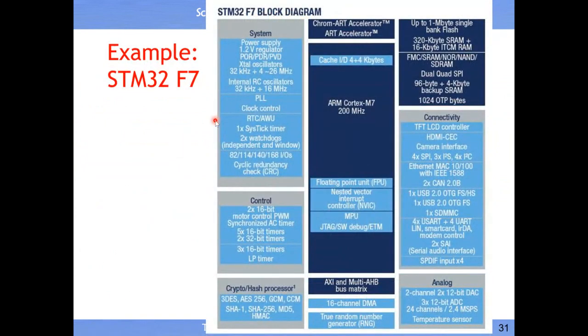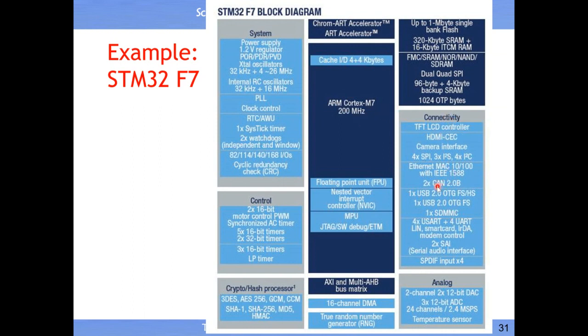And here is an example of a development platform for you to use, the STM32 F7, which you can purchase from the market. When you see a name like this, basically it's a product which you can identify. You see the ARM Cortex M7 running at 200 megahertz. Then you see the supporting hardware component with this ARM Cortex M4.